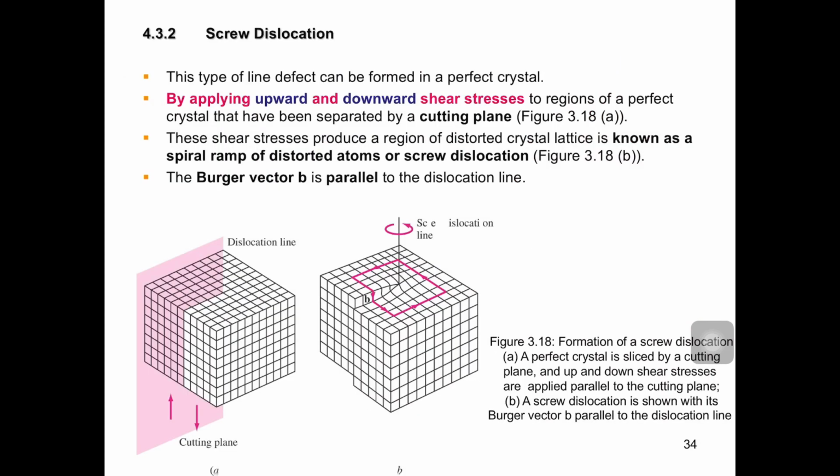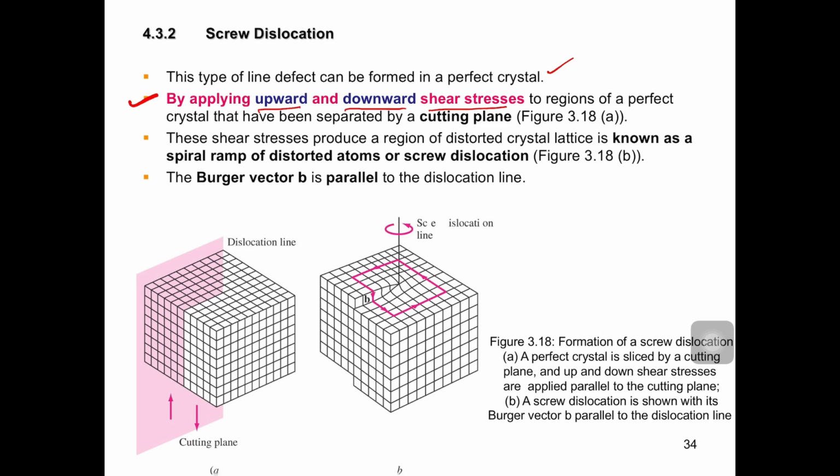So how about the second one, the screw dislocation? The first one is an edge dislocation. The second one is a screw dislocation. This type of line defect can be formed in a perfect crystal by applying upward and downward shear stress. That's when you twist the material.